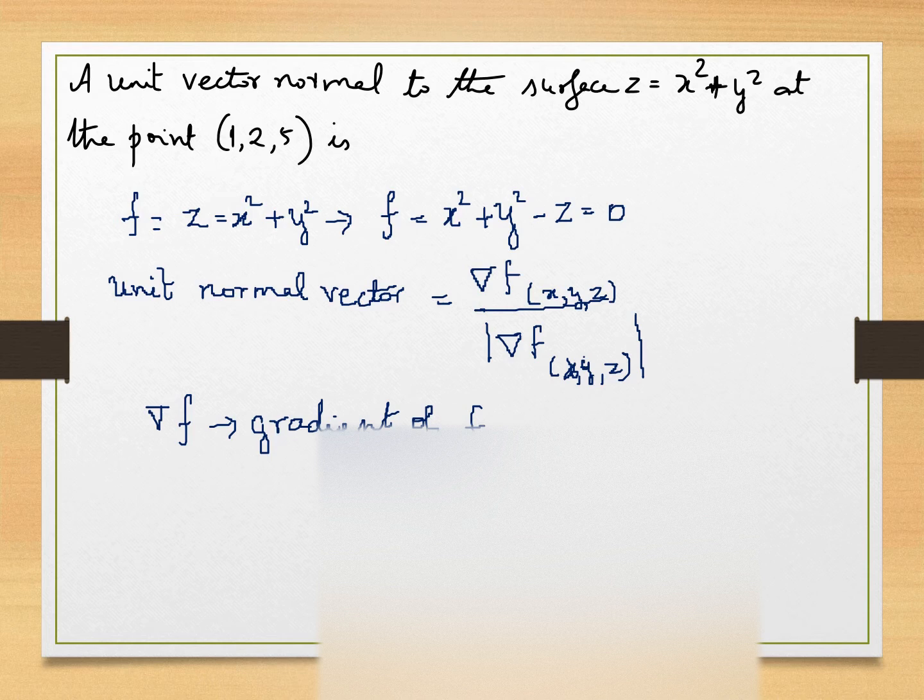So how we will be finding that is: del f is equal to, in place of del, we have to substitute i cap dou by dou x plus j cap dou by dou y plus k cap dou by dou z.